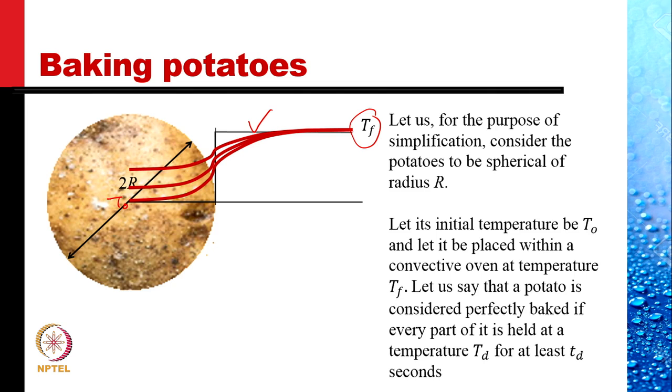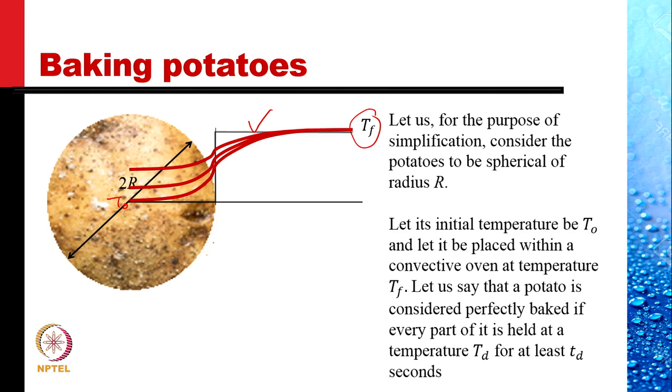Let the initial temperature of the potato be T naught, and let it be placed within a convective oven at a temperature Tf. Let us say that the potato is considered perfectly baked if every part of it is held at a temperature Td, the final temperature, for at least a time small td seconds.